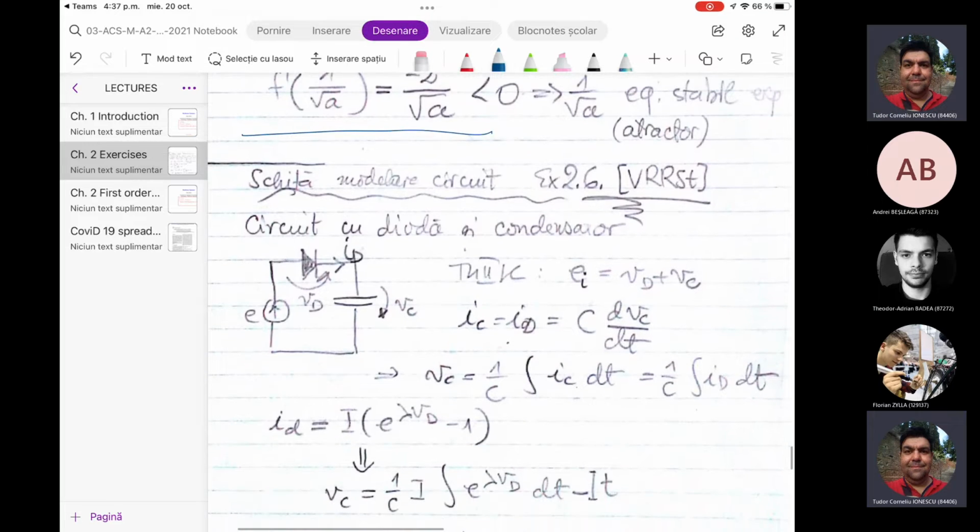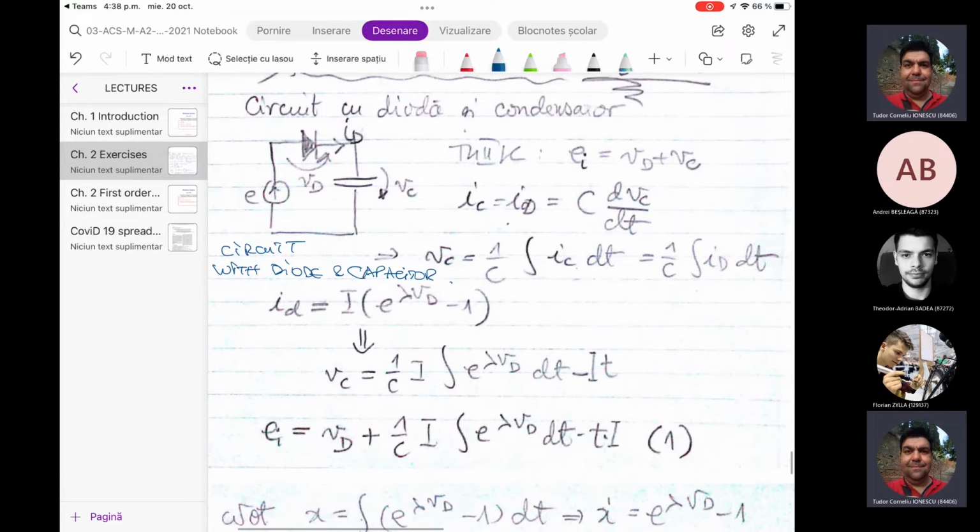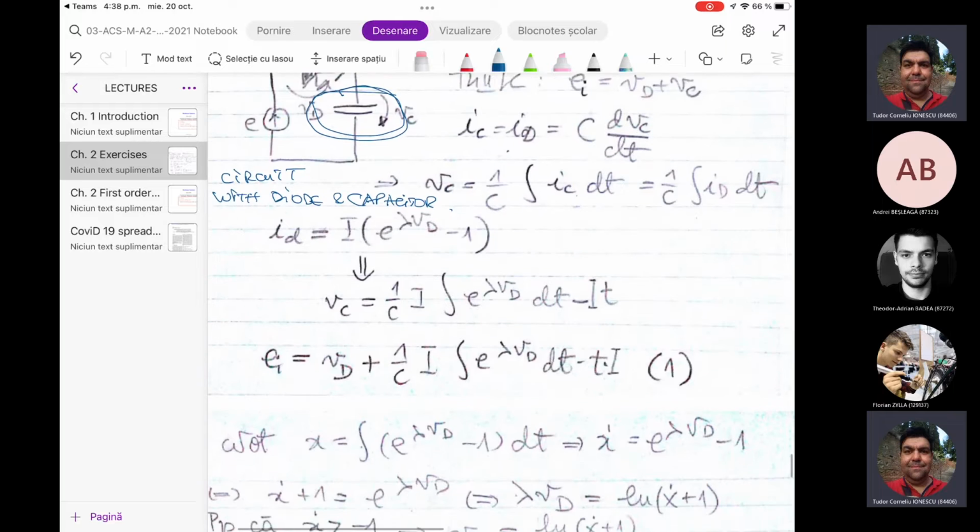Then there's also here a circuit with the diode and a capacitor. It's a simple circuit. You can study this yourself. Here you take Kirchhoff's second law and write the constitutive law, the functioning law of the capacitor.